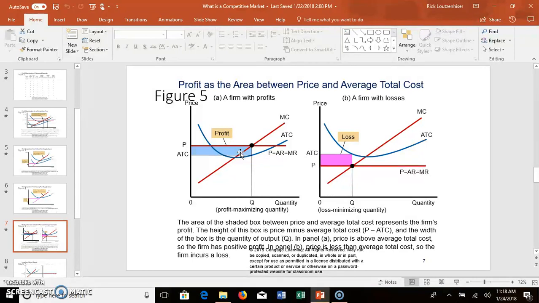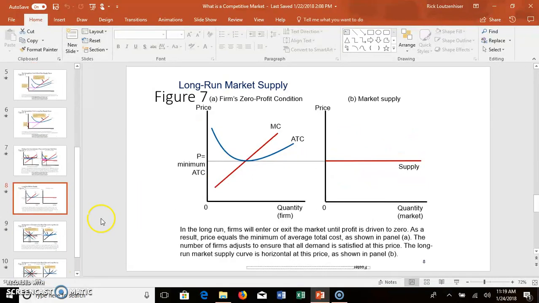A larger accounting profit. Here's a situation where things are not going as well. The price line is down here, where marginal revenue equals marginal cost is here. If you go up to there, that's the average total cost. They have average total costs higher than their price, which means they're losing money, all right? They're going to want to leave the market.